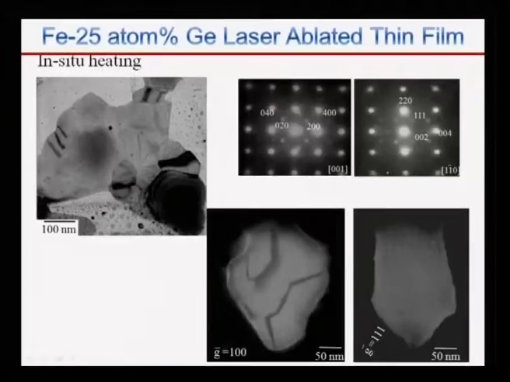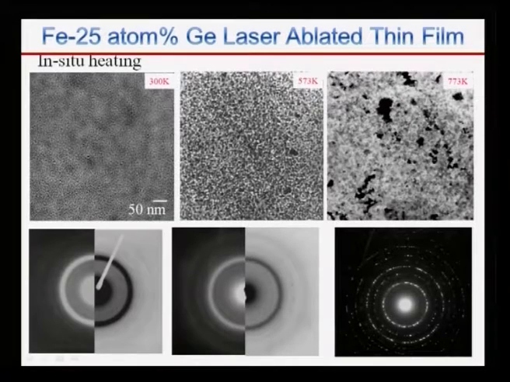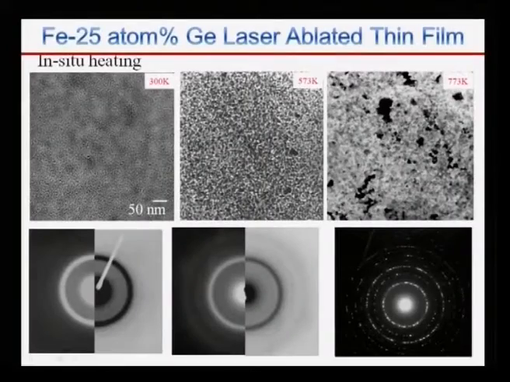Things will be very clear once I start showing these pictures. This is in situ heating microscopy. These thin films, I put inside a heating holder in a transmission electron microscope, then heat it inside the microscope and observe it during this heating. That is what is done here. You take these thin films and heat them up. Once you heat it up inside the microscope, you will start seeing changes.